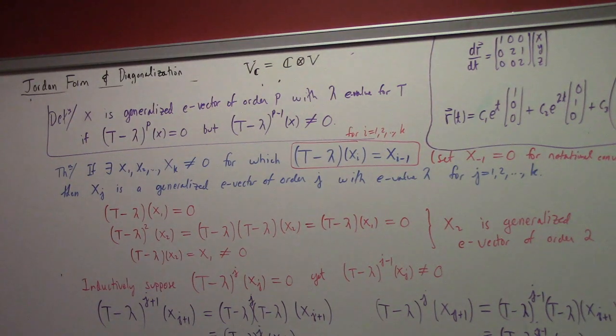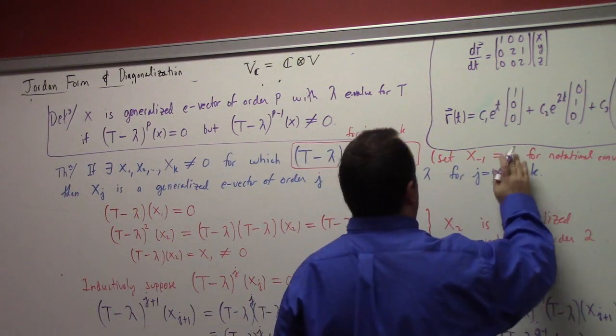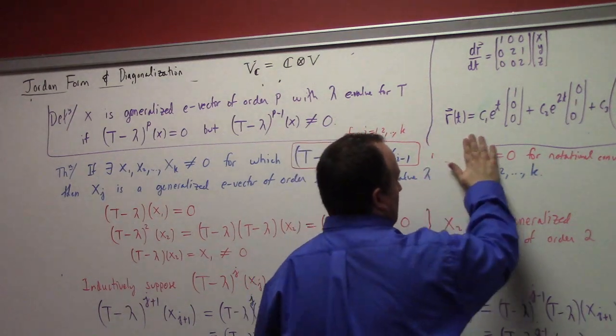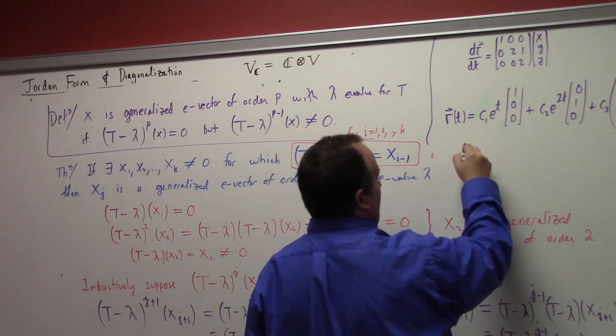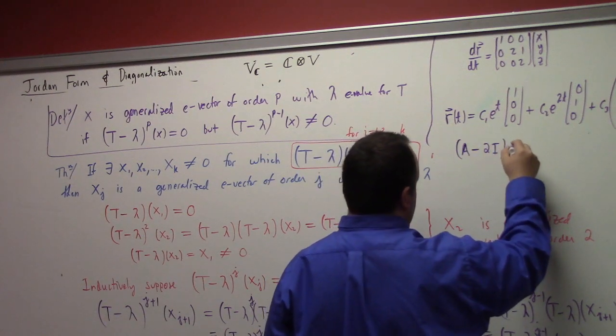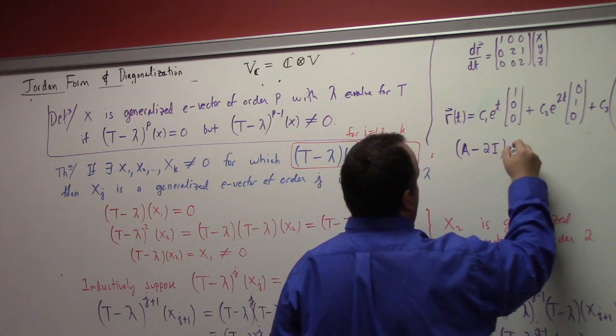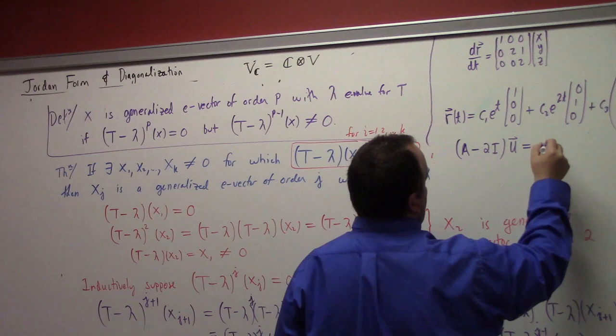So how do I find generalized eigenvectors? I solve the chain conditions. That's what I do. I just solve the chain equations to look for them. So for the example 2 we had earlier today, I think I can erase this here without loss of much. We'd be looking for A minus 2 times the identity matrix times a vector u equals the eigenvector.